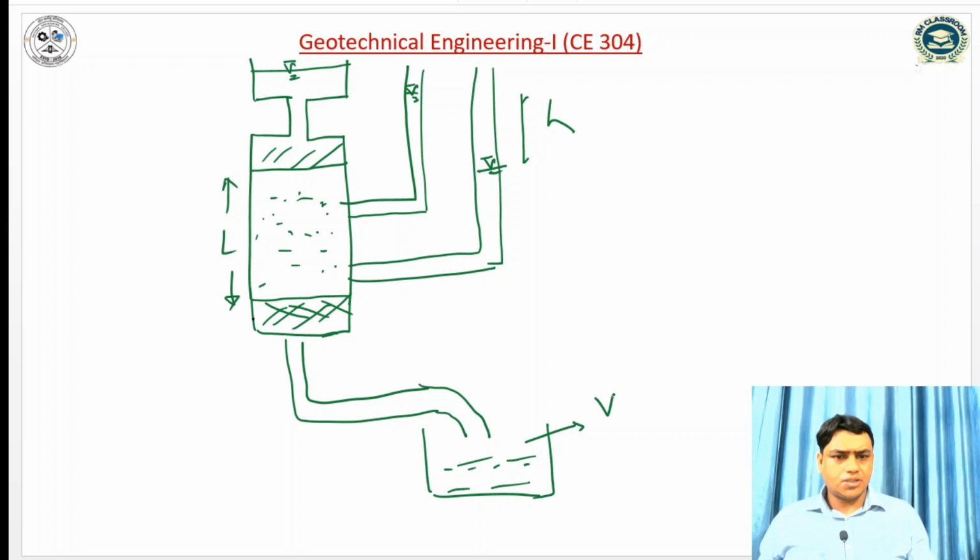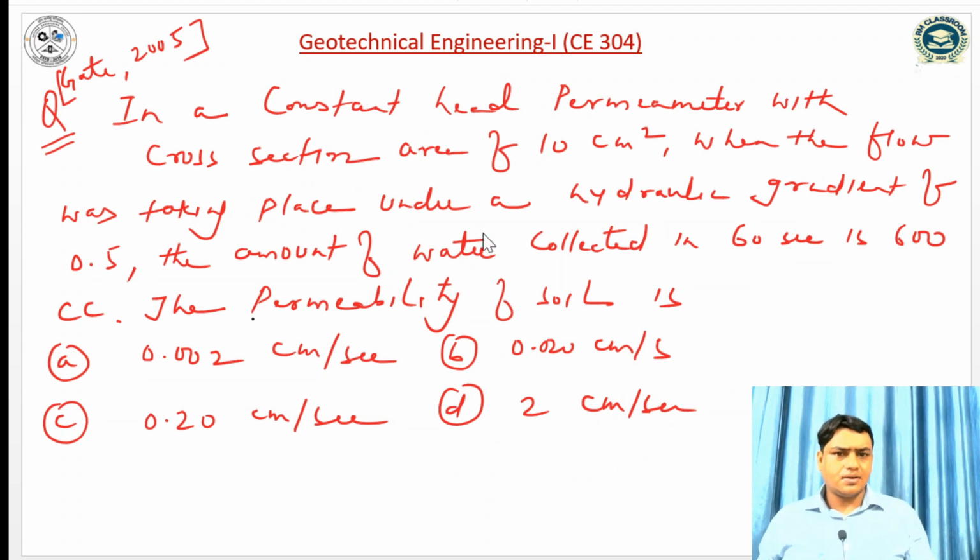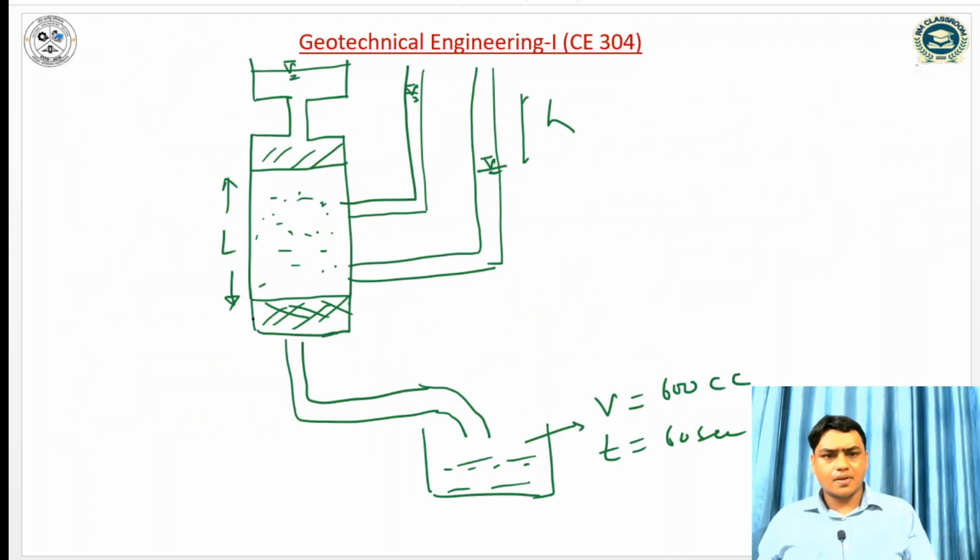So volume is 600 cc and time is 60 seconds. And the length of the soil sample, cross sectional area is given 10 centimeter square. So cross sectional area of the soil sample is 10 centimeter square.